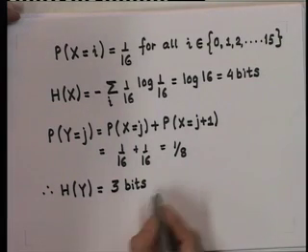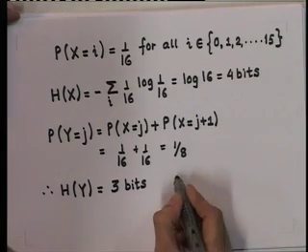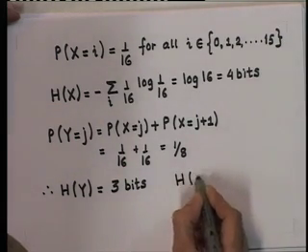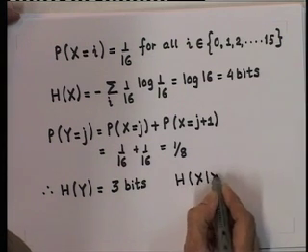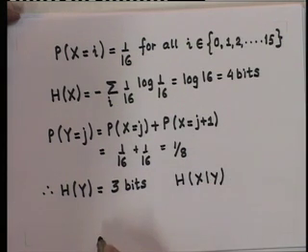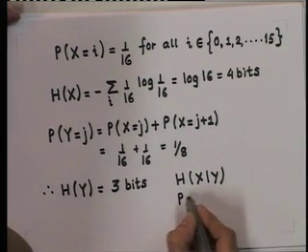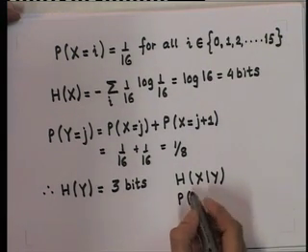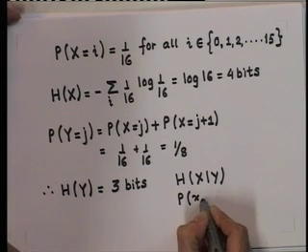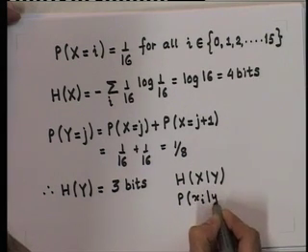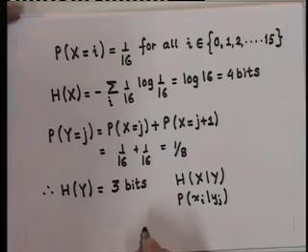Now, to calculate the conditional entropy, that is H of x given y, we need the conditional probabilities, that is P of x i given y j.